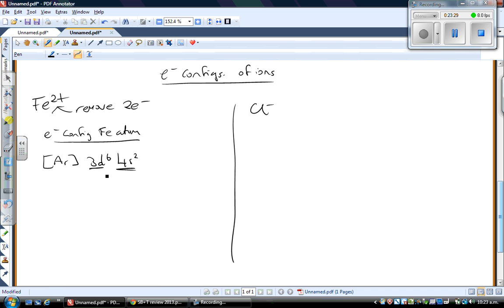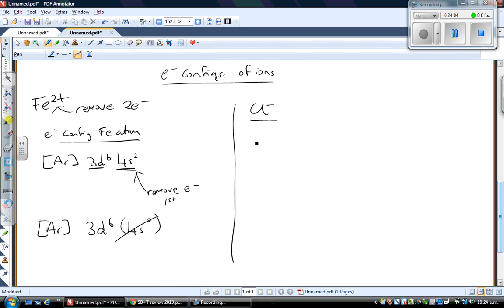If you filled the 4s before the 3d, then you remove the electrons from the 4s before the 3d. So you remove the electrons from the 4s first, in which case the electron configuration for an Fe2+ ion is simply 3d6, with the 4s electrons taken out. So that's the electron configuration for Fe2+ ions. Always remove from the 4s and then go down to the 3d.